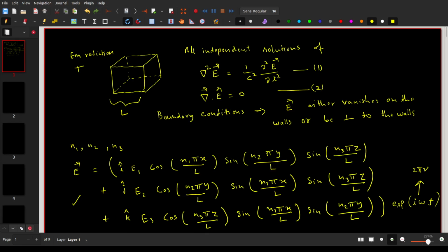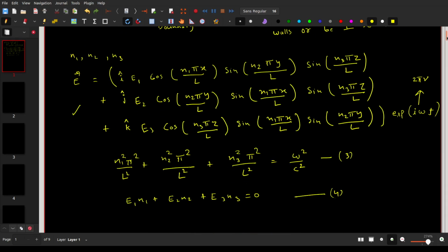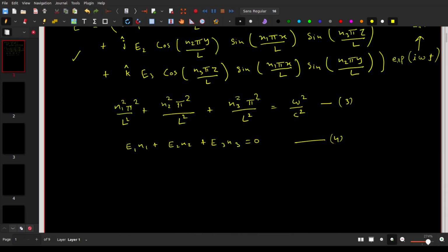It is easy to check that this type of electric field will either vanish on the walls or will be perpendicular to the walls. So the boundary conditions are also satisfied. So for each triplet of integers n1, n2, n3, we have a solution of this form.